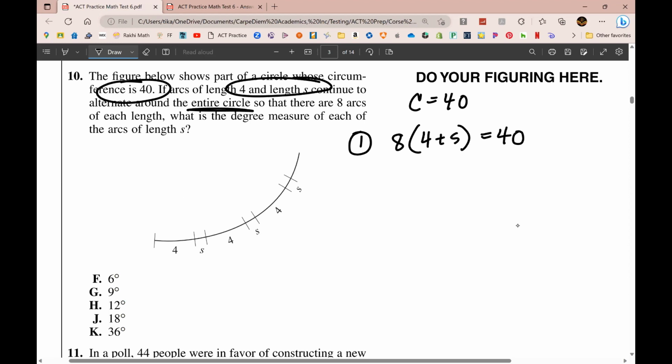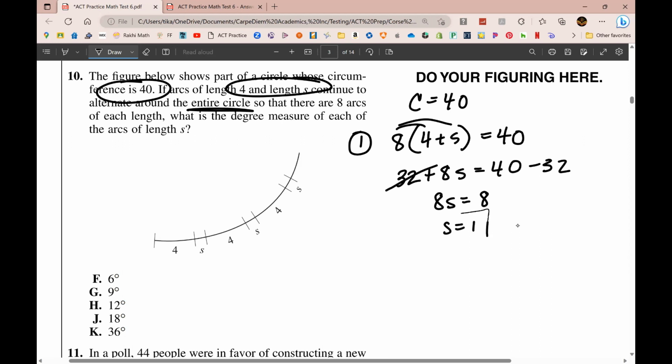So we're going to distribute that, which is 32 plus 8S equals 40, minus 32. So 8S equals 8, S equals 1. Now it says, what is the degree measure of each arc of length S? The degree measure of the entire circle obviously would be 360, right?